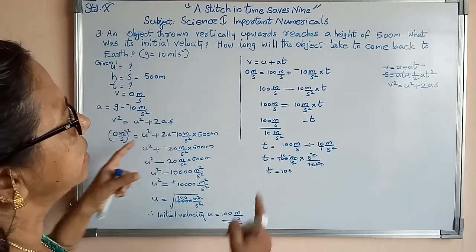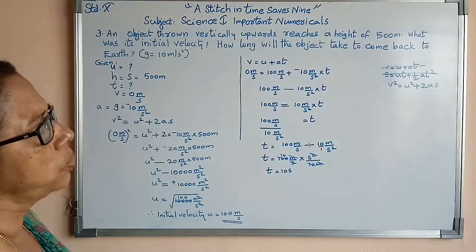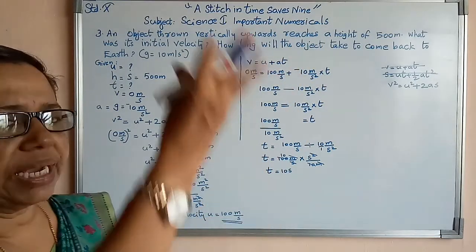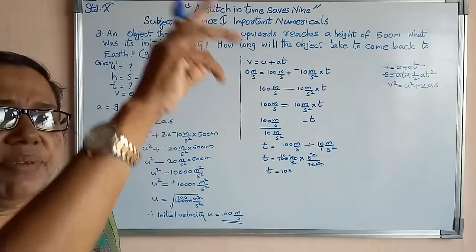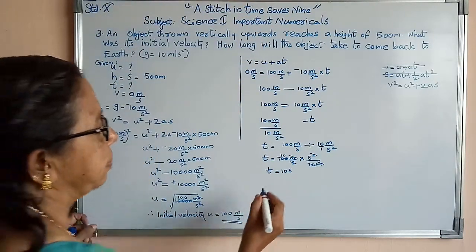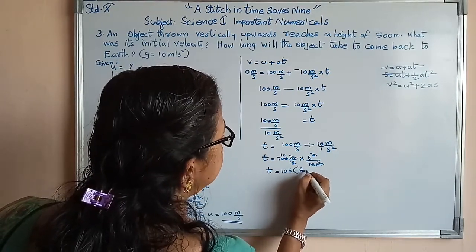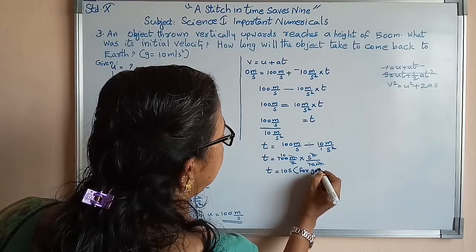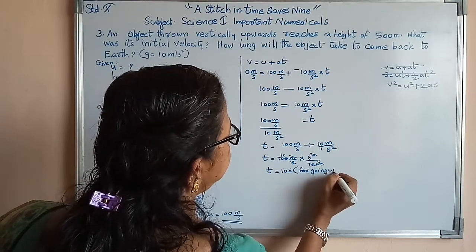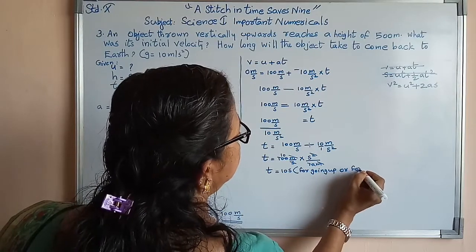So here what is asked now: how long will the object take to come back? That means for going up one time, again the same time will be taken for coming from up to down. So this T means either for going up or for coming down.